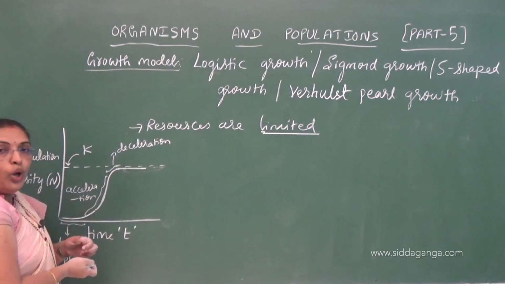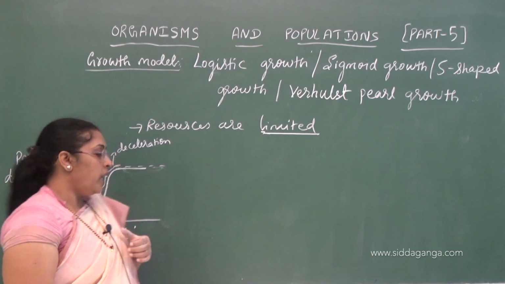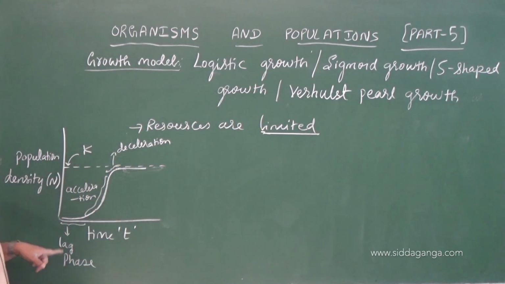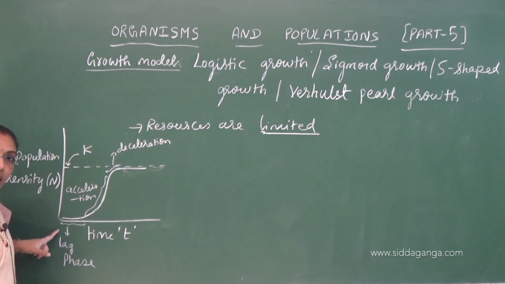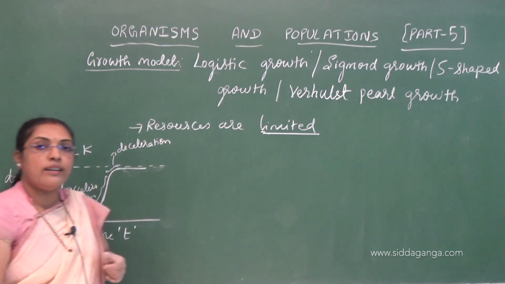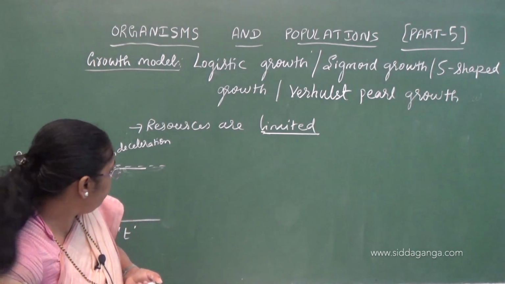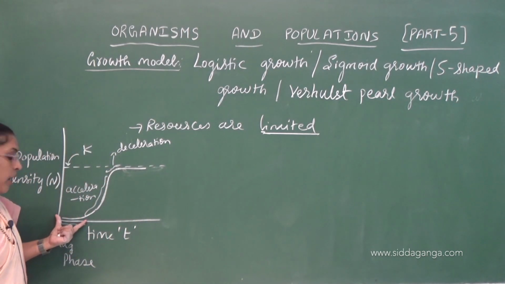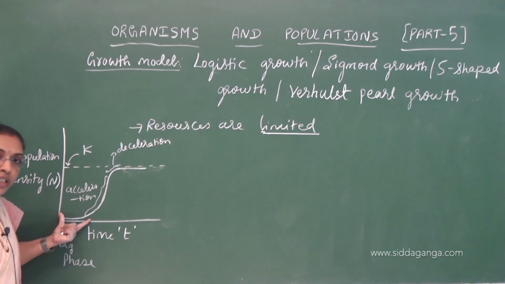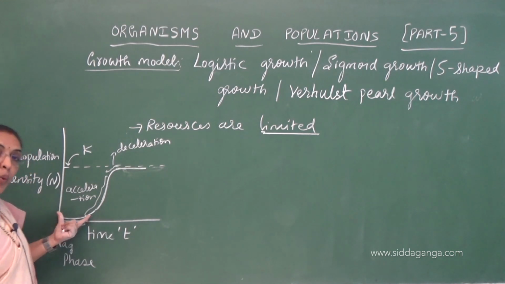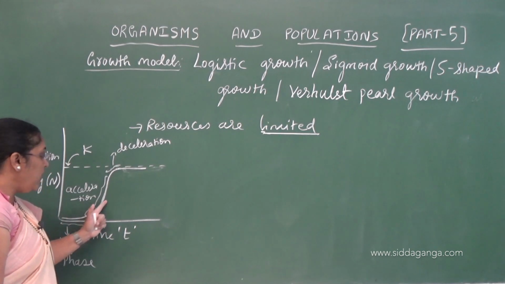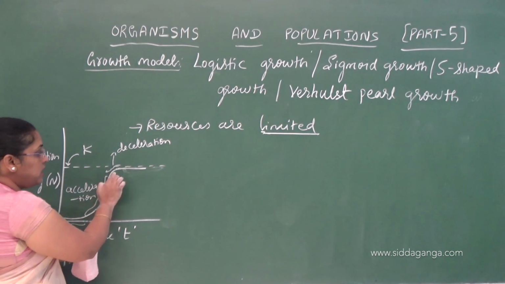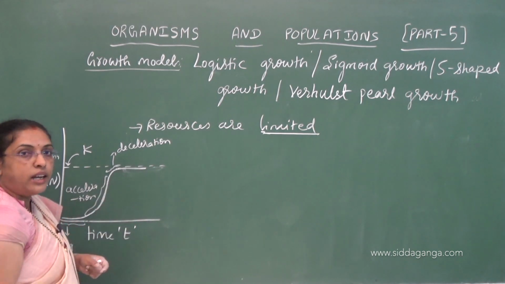So in this growth curve, initially lag phase. Why is it lag? Because initially it will take time. Organisms will take time to adapt themselves to a habitat. Once they adapt themselves, they increase in their size. Then once it increases in its size, it decreases.